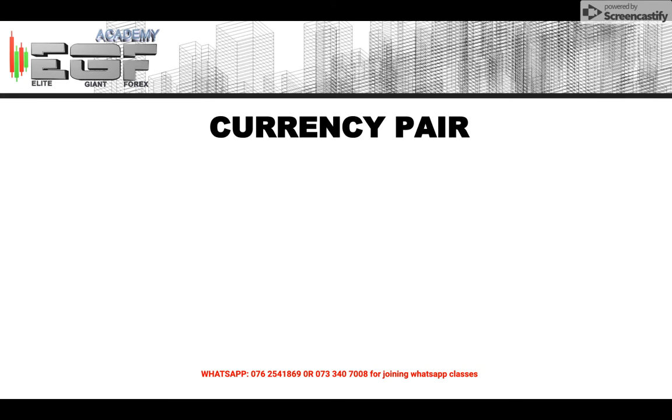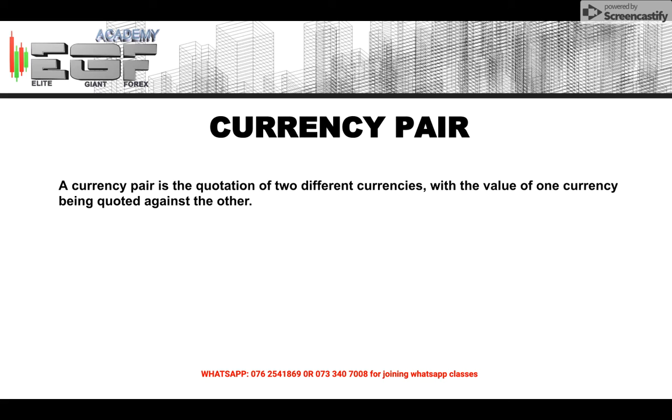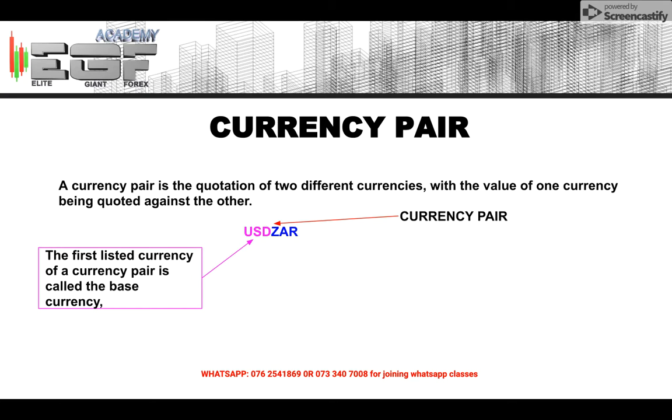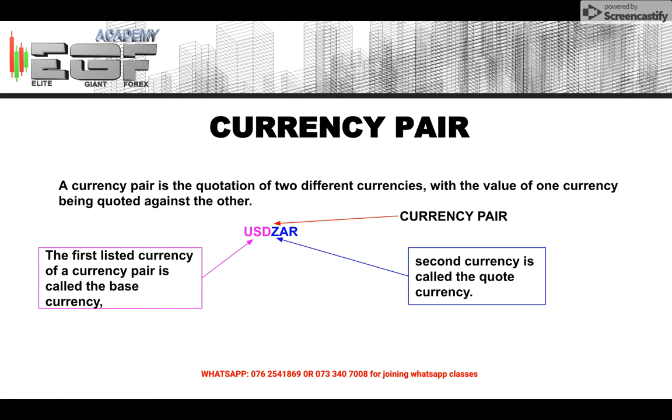Then the currency pair. What is a currency pair? A currency pair is the quotation of two different currencies, with the value of one currency being quoted against the other, like USD against ZAR. This is called a currency pair. The first listed currency of a currency pair is called the base currency. In this case, USD is the base currency.